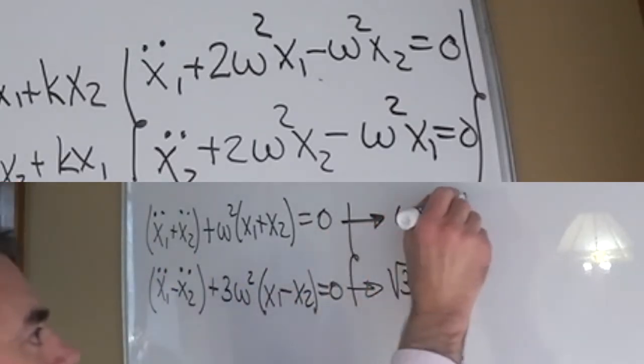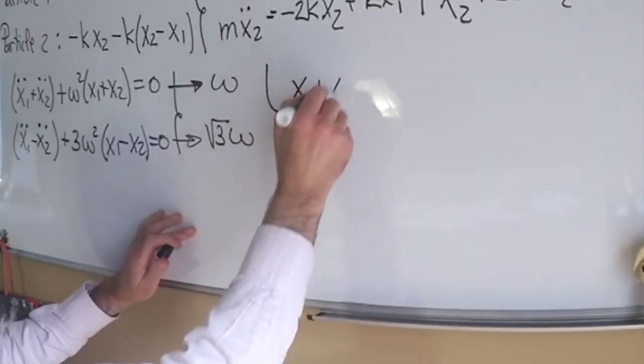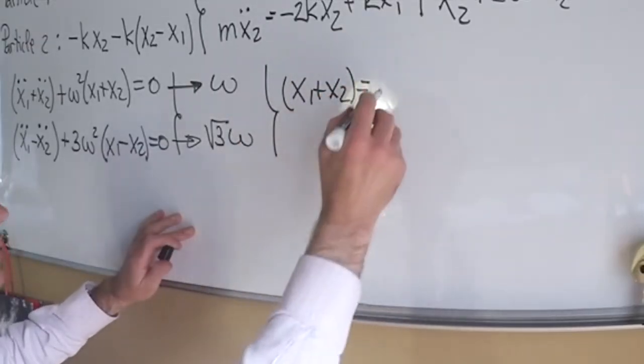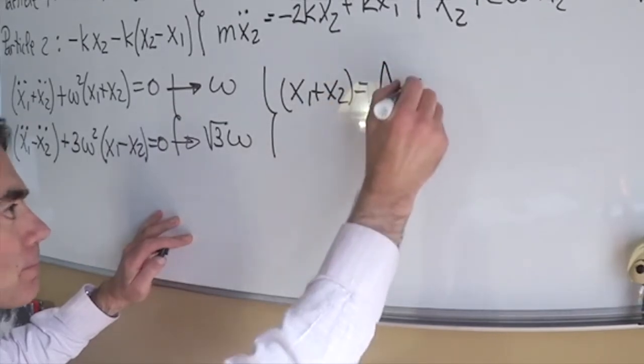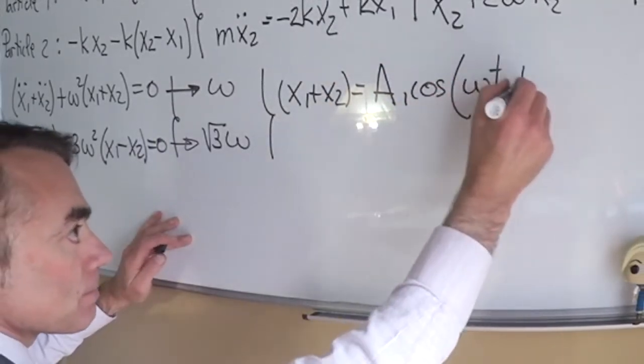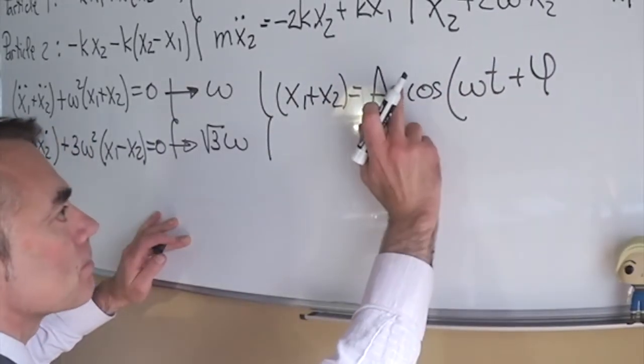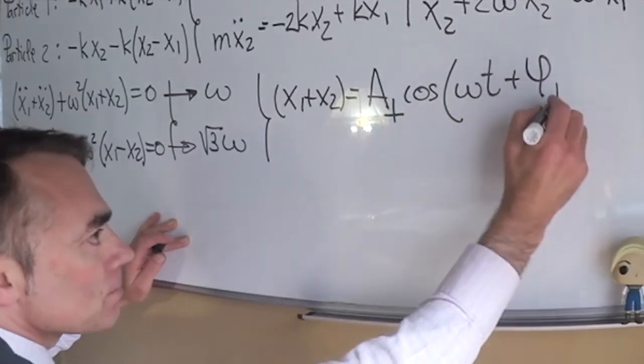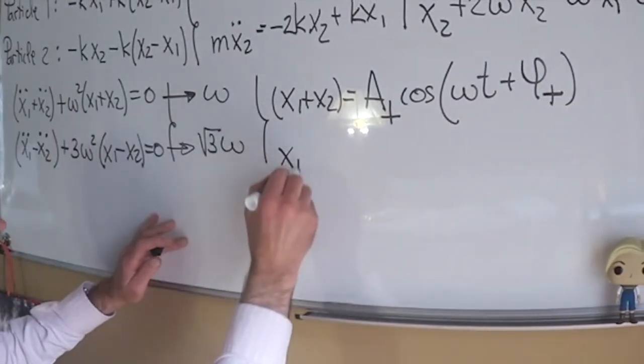These look very familiar, right? Our very old friend, the simple harmonic oscillator. So we have that these new variables x1 plus x2 and x1 minus x2 again behave as simple harmonic oscillators.